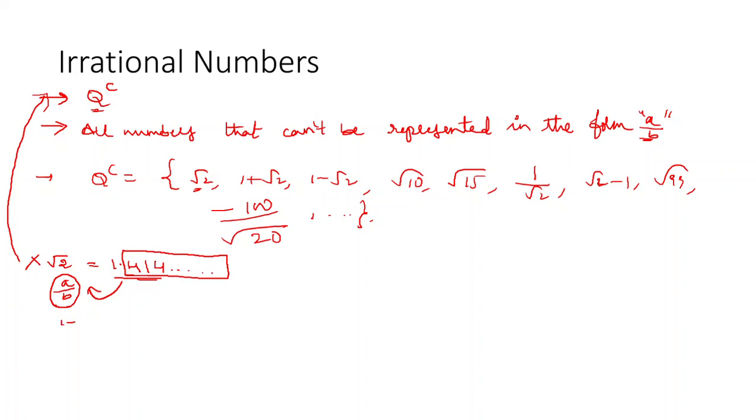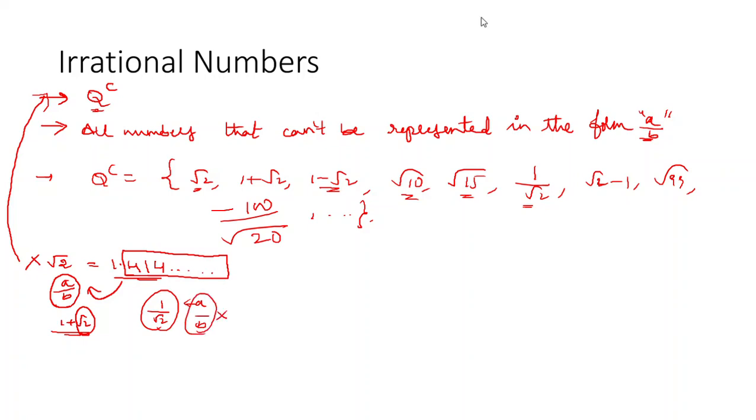Because we cannot represent root 2 in fraction form, 1 plus root 2 is also an irrational number. Likewise 1 minus root 2, root 10, root 15. Also 1 by root 2. You may get a doubt that this is in the form a by b, taking 1 as a and root 2 as b.